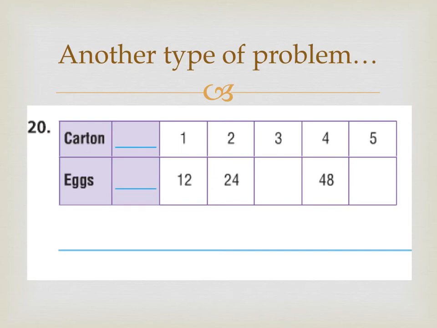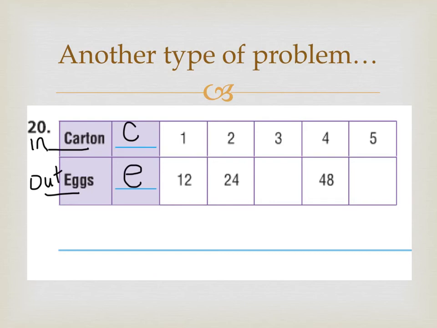This type of problem is called an in and out table. What they're saying is if you start with the top line, or what you put in, you get the bottom line. It's what comes out. If I have 1 carton of eggs, I have 12 eggs. 2 cartons would give me 24 eggs. In this case, I'm going to put a C for carton and an E for eggs.